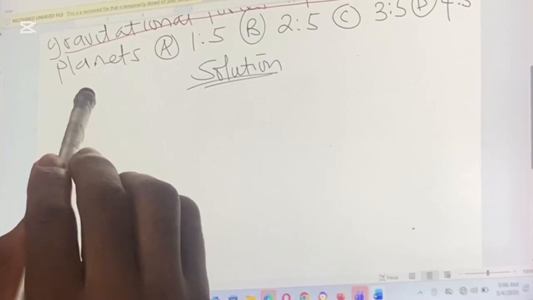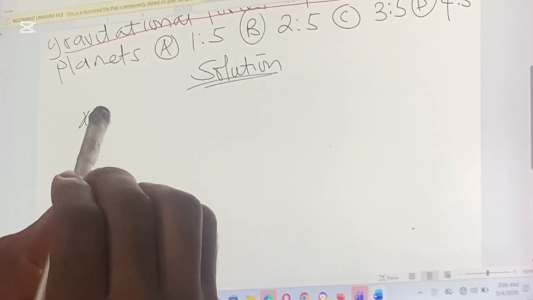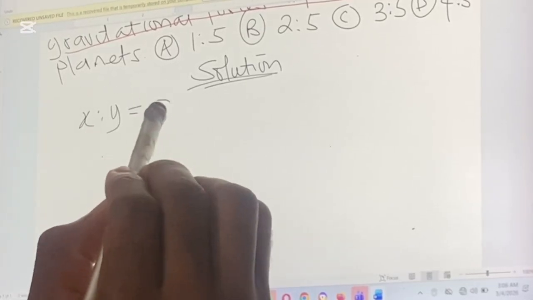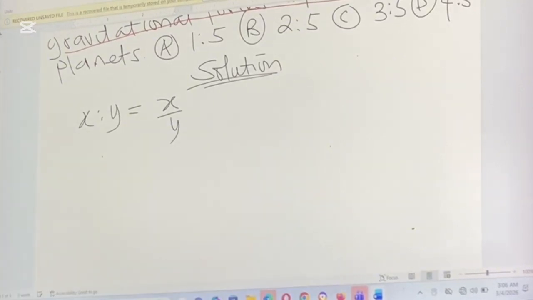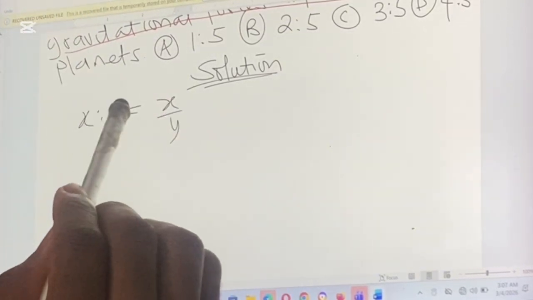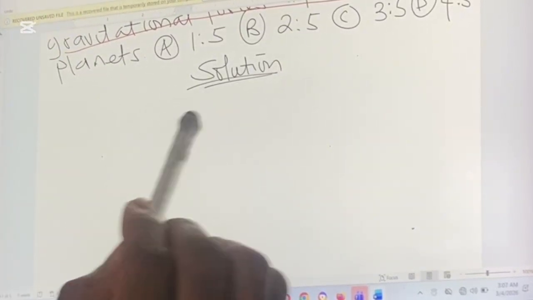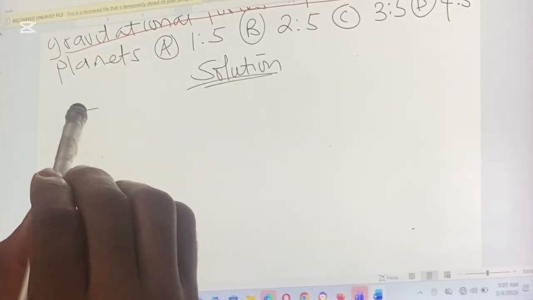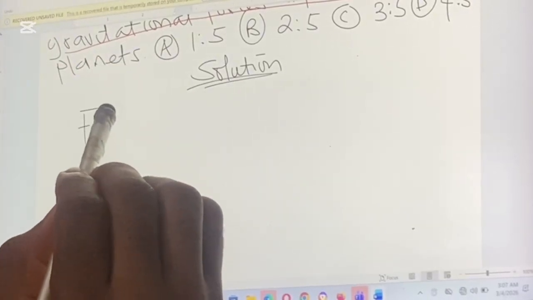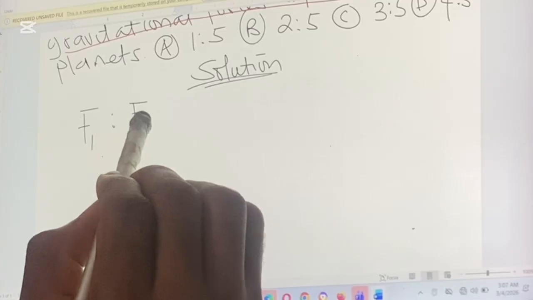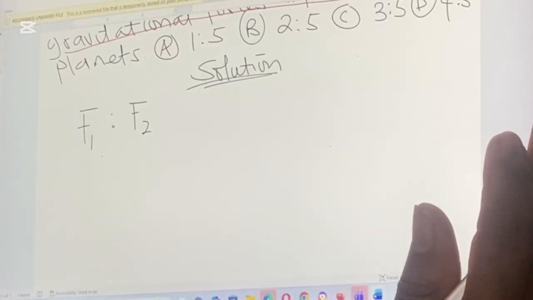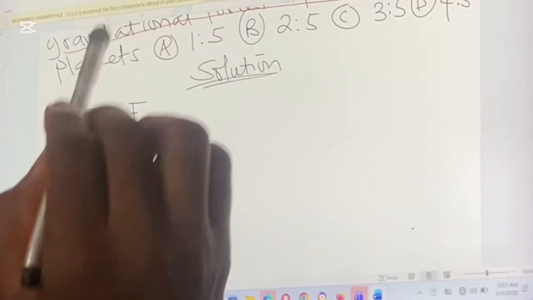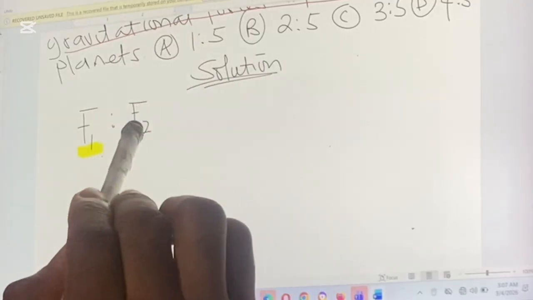When they say ratio, if I have something like this, that is x ratio y, it is the same as x over y. Please remember. So that means we are asked to find the ratio of the two forces, which is said to be F1 ratio F2. So let's know what F1 is, and also know what F2 is.